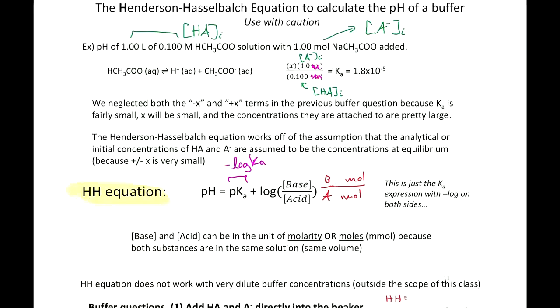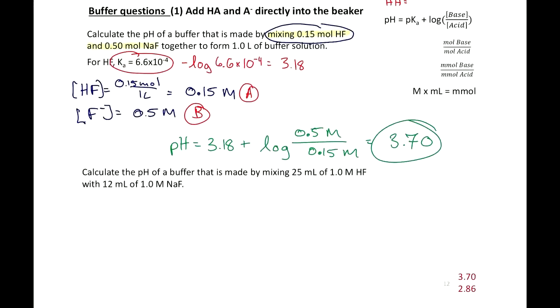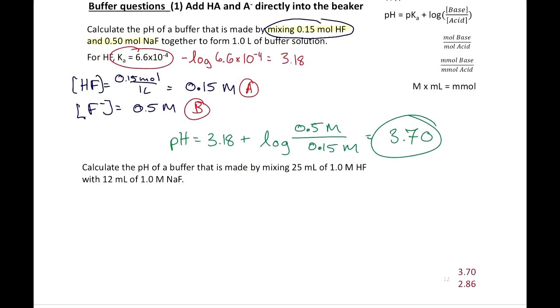So let's jump back into it and utilize the Henderson-Hasselbalch equation. We did one where I told you the mole amounts of each, the acid and the conjugate base, to form the buffer. A lot of this is identifying what is the acid and what is the conjugate base, so you do this ratio correctly. For this first one, we can take these mole amounts. We don't even have to divide both of them by 1 liter.